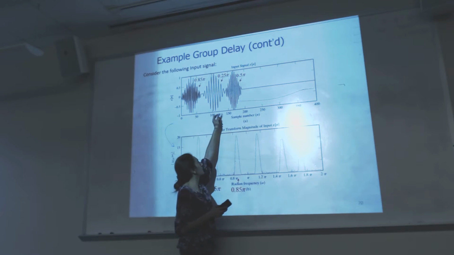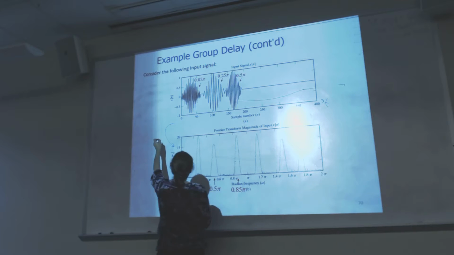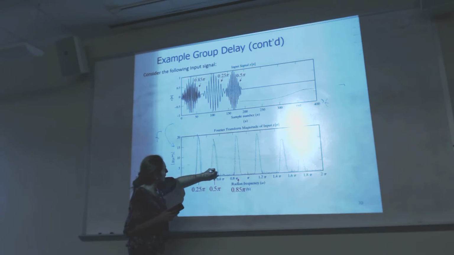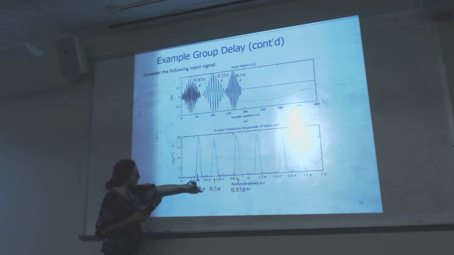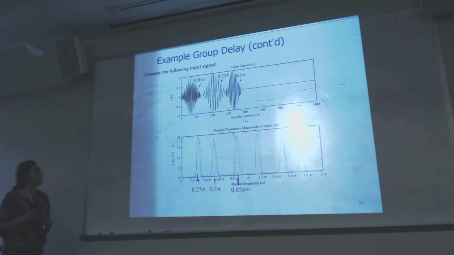This is time, the time domain. Take a Fourier transform and see there's a peak here, a peak here, a peak here. So it means there's one frequency here, one frequency there, one frequency there, and it's exactly showing that picture.